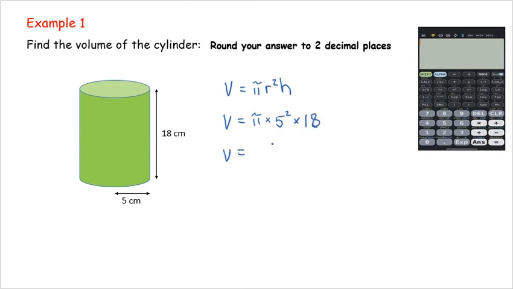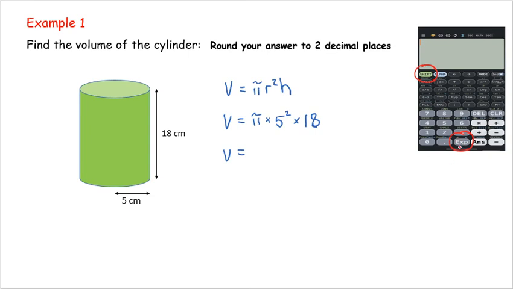Okay, so next thing to do is actually go ahead and calculate this. Now, in your calculator, you'll see something similar to this if you're using a scientific calculator. To get the pi, if you remember back from when you did the area of a circle, you use the shift button and then press the exp button, or you might have a times 10 button, and you'll see the wee pi symbol above that button.